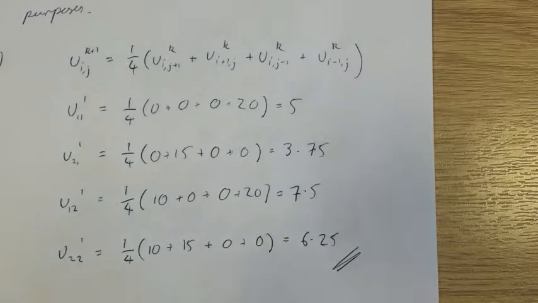And part 3 of the question, repeat the calculations using Gauss-Seidel. Now, the Gauss-Seidel method uses values as soon as they've been calculated. So what I'm assuming here is a row by column order.